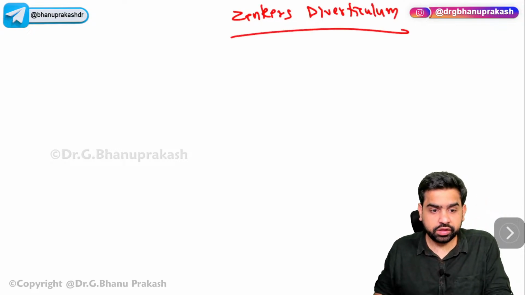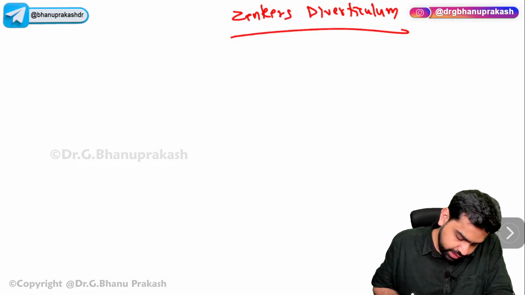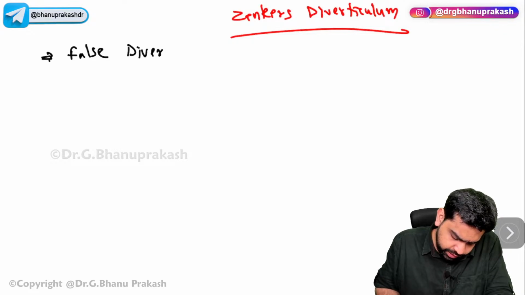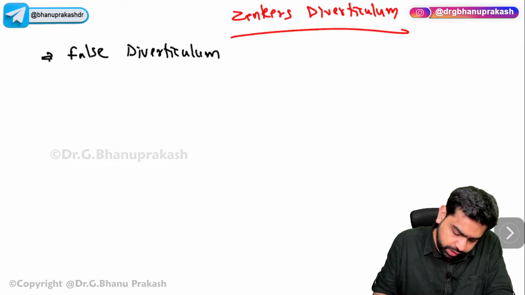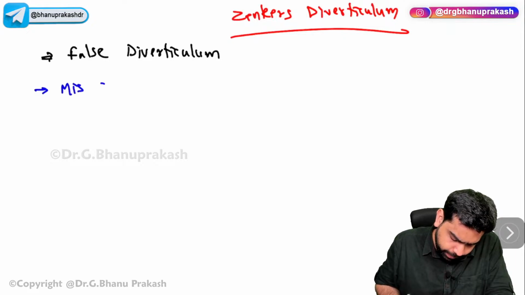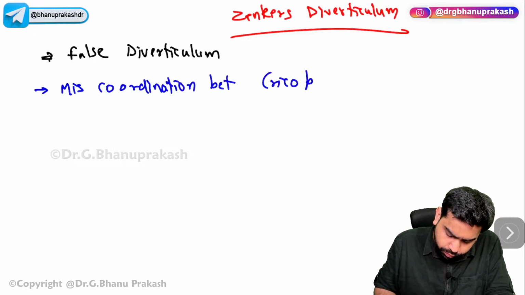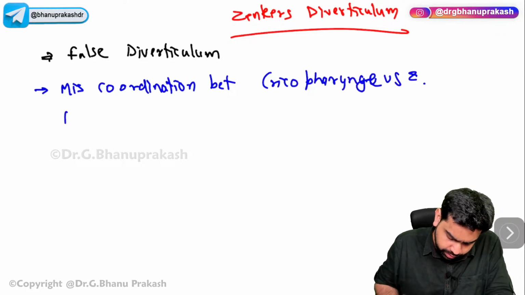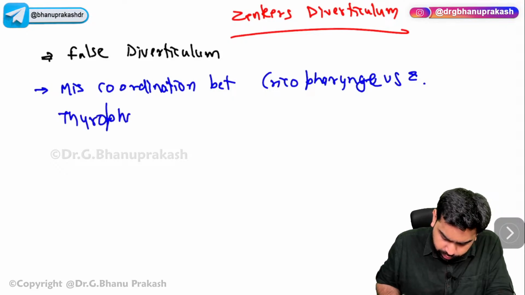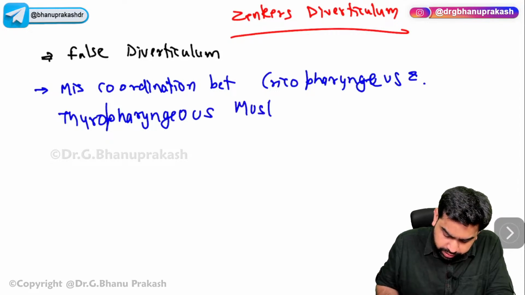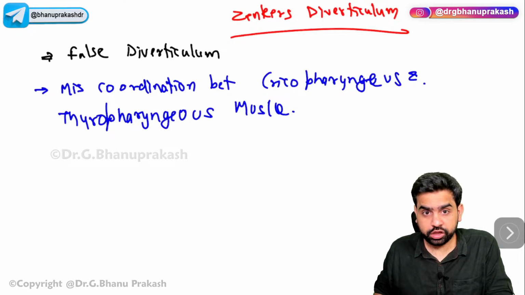What you need to understand is that there is a miscoordination between the cricopharyngeus and the thyropharyngeus muscle.